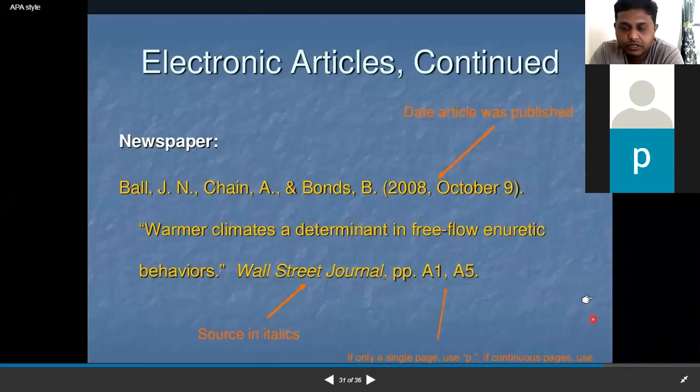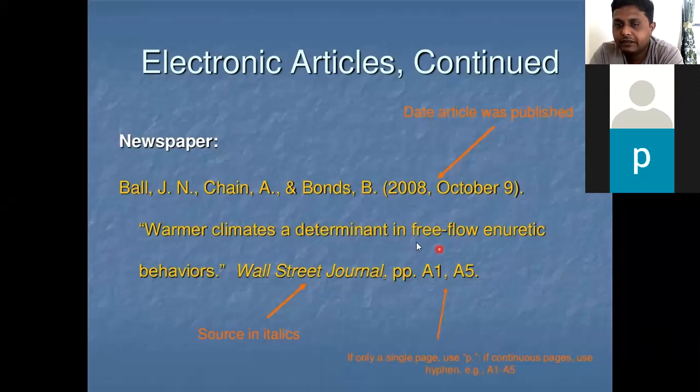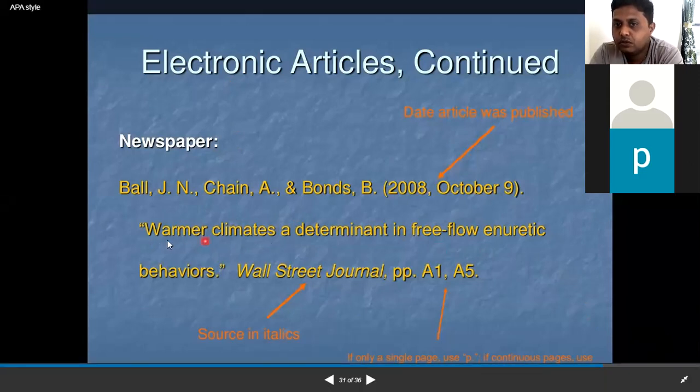Suppose I am using some newspaper published from Afghanistan, and it is available on the internet. So I can give the title of the news over here within double inverted commas. Then the name of the newspaper, then the page and other information.